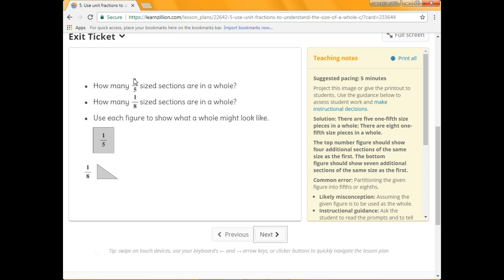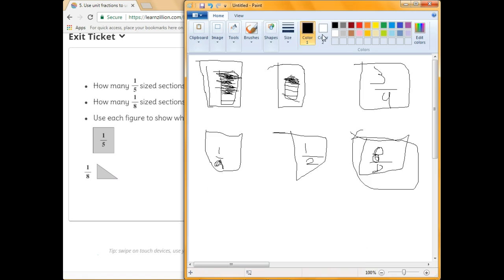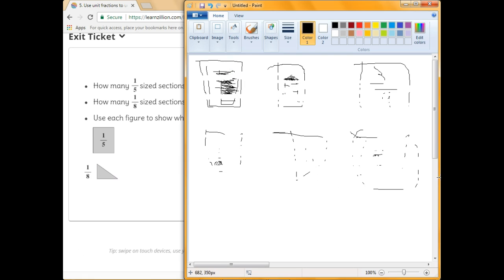How many 1/5 size sections are in a whole? How many 1/8 size sections are in a whole? Use each figure to show what that whole might look like. Okay. So let's erase this partly, so that we don't waste too much time.